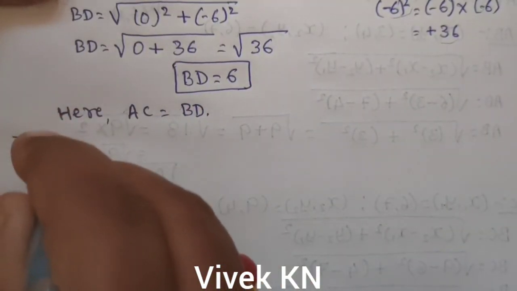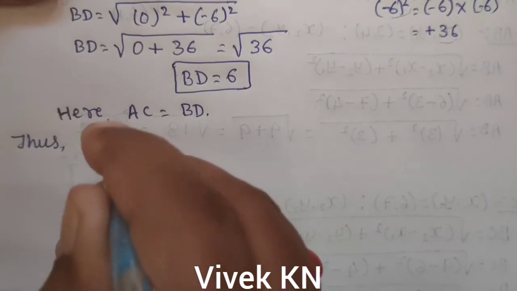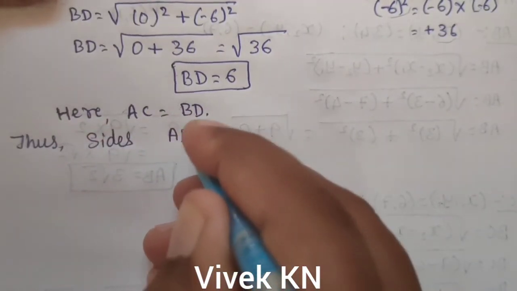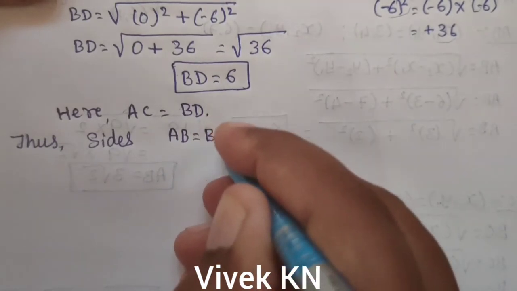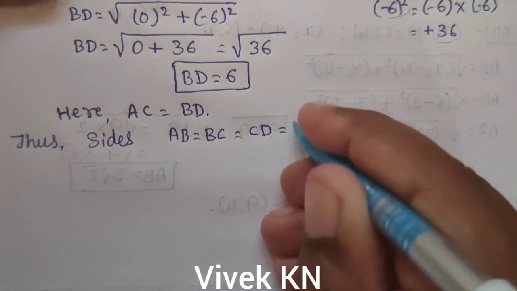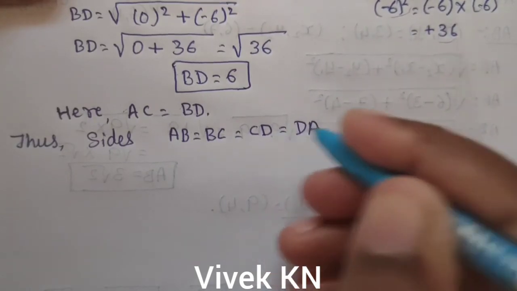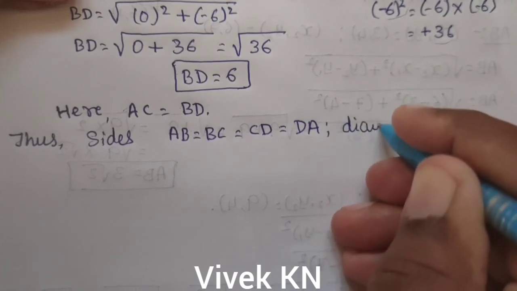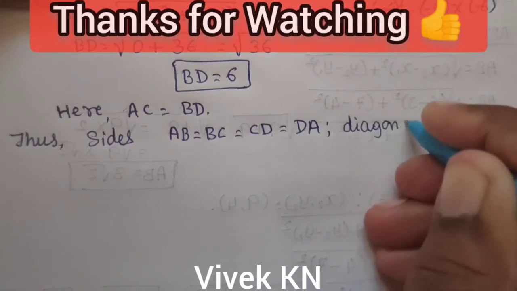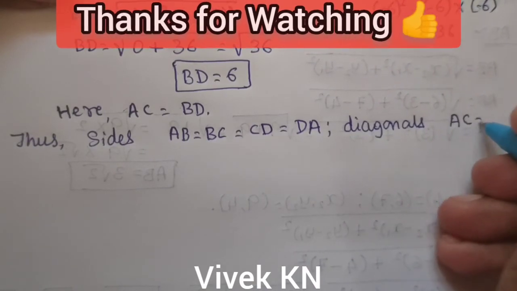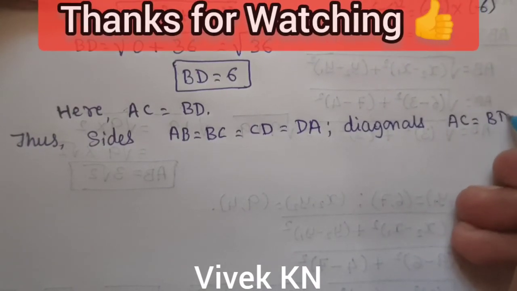Thus sides AB is equal to BC is equal to CD is equal to DA are equal, and also diagonals AC is equal to BD.